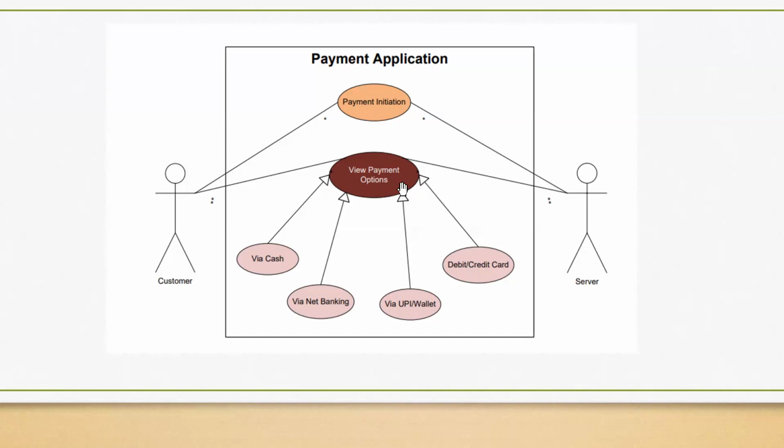We need to select the payment option, so we have different payment modes such as cash on delivery, net banking, UPI, wallet, and debit or credit card. For what kind of relationship should we give over here? We can give the generalization. Okay, so it ensures selecting an option among the multiple options, right? That's the reason we are using the generalization relationship over here. Okay.